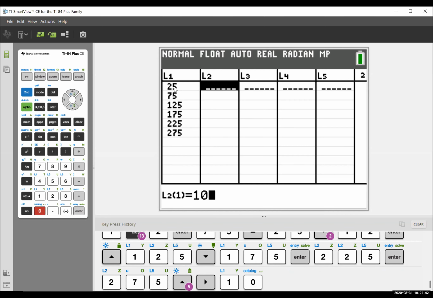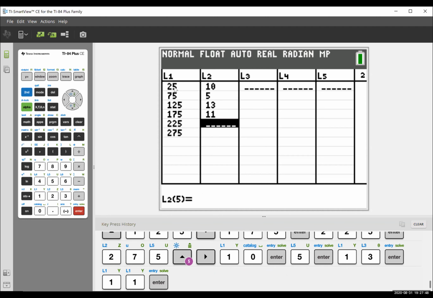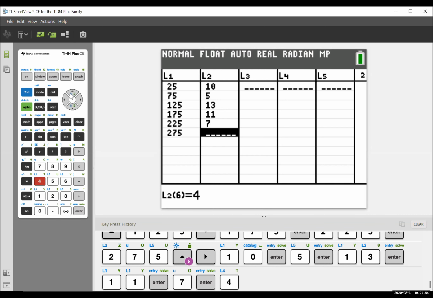And then what are your L2? That is 10, 5, 13, 11, 7, and 4. Yeah, 4.